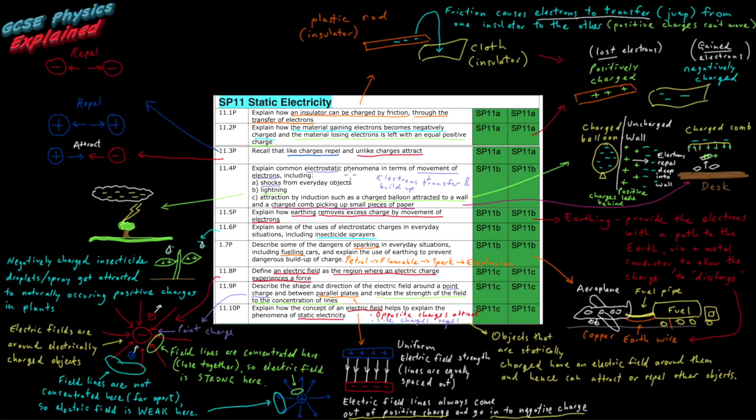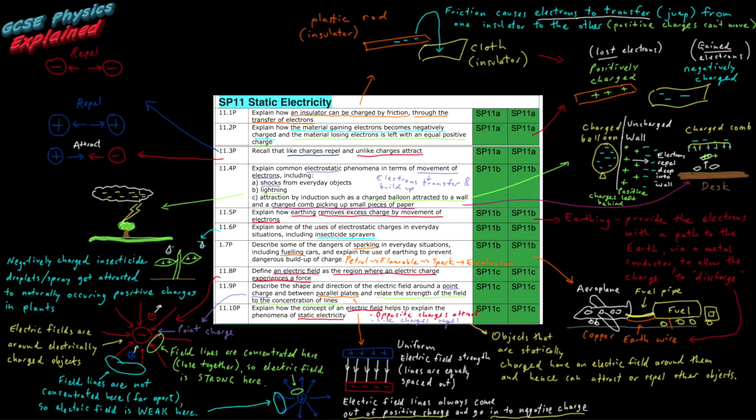Explain common electrostatic phenomena in terms of movement of electrons, including shocks from everyday objects. So they are caused when electrons transfer and build up and then you touch something. Lightning, well, that's when hot air rises and cold air falls, and the air rubbing against itself causes electrons to be transferred.